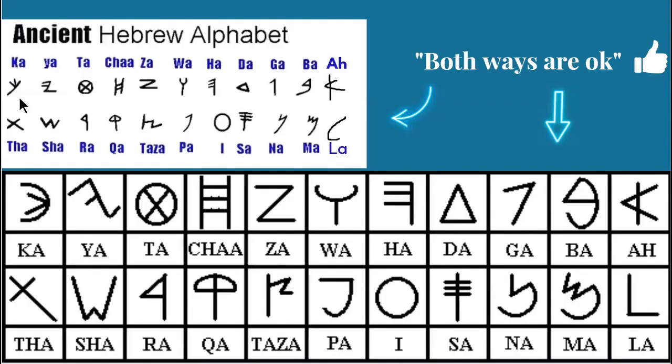It's not really anything that stands out between both charts, except the Ka, the Tha, the Taza a little bit, and that really was it.